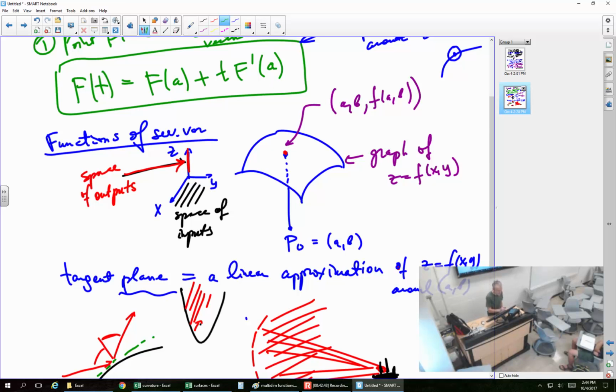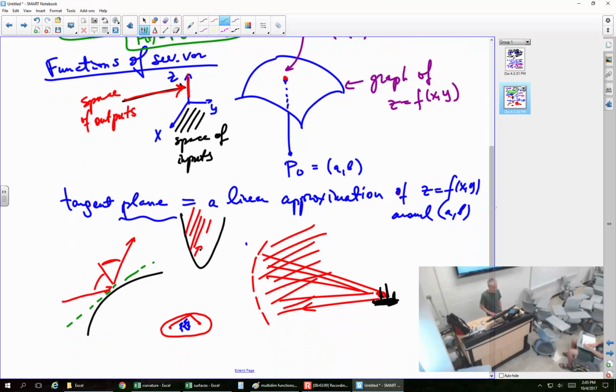For a straight line, the parametric equation is simple. It is P naught plus t V. That is a general parametric representation of a straight line in the direction of V passing through point P naught. So we want to have something similar, but this time we want to speak of planes.